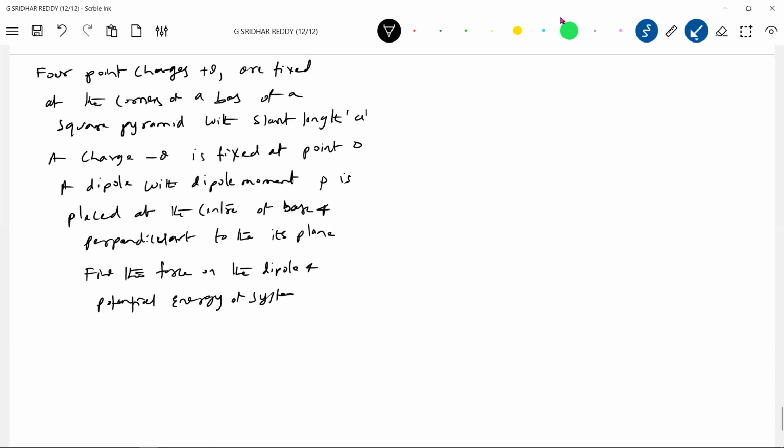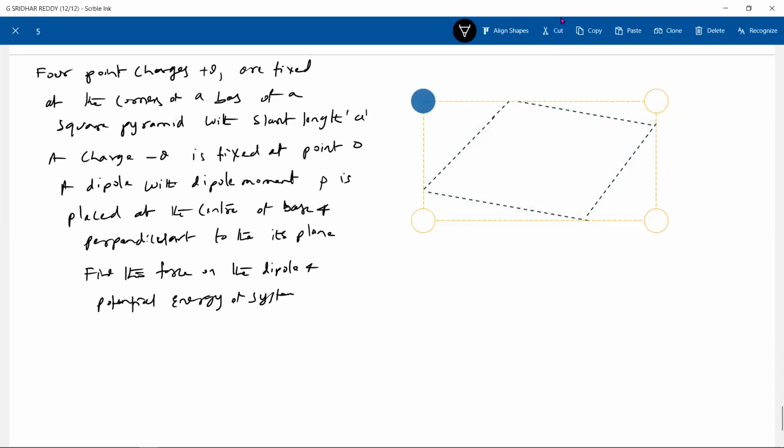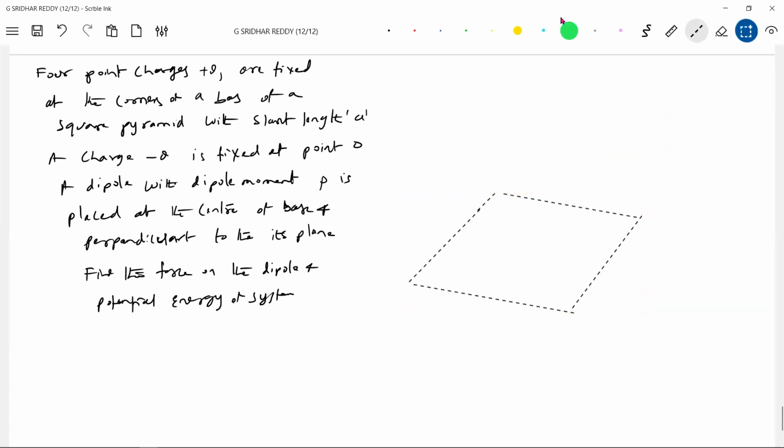Okay, let me try to give the diagram. Oh, well, I can draw a better diagram. Slant face.